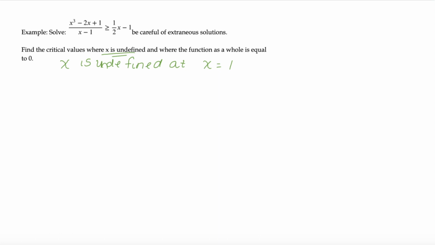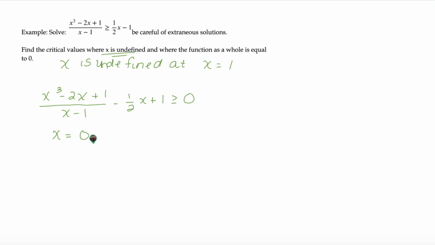We know where the whole is equal to 0. If I were to have subtracted x cubed minus 2x squared plus 1 over x minus 1, and we subtracted 1/2 x and then added 1. When we solved this earlier on our first example, we saw that x was equal to 0.